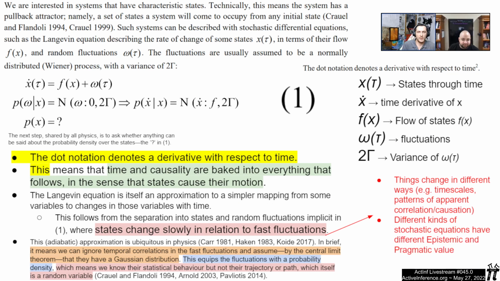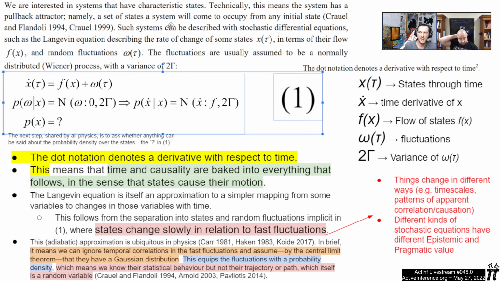They write, we are interested in systems that have characteristic states. This means the system has a pullback attractor, the set of states that the system will come to occupy from any initial state. So the rubber band is going to pull back to its resting state, if it's allowed to. In formalism, that is a stochastic differential equation describing the rate of change of the states.